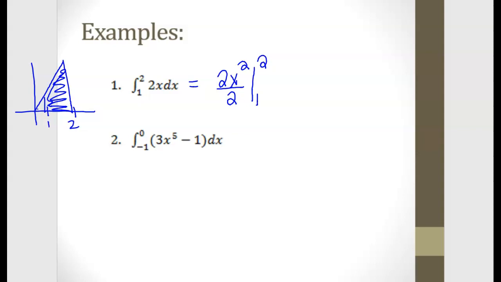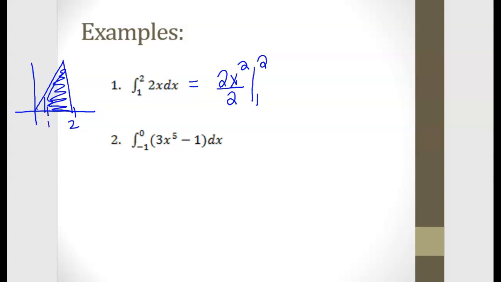So we could find it using geometry like we've been doing. We know it would be a trapezoid of height 1, and then base 2, and base 4.